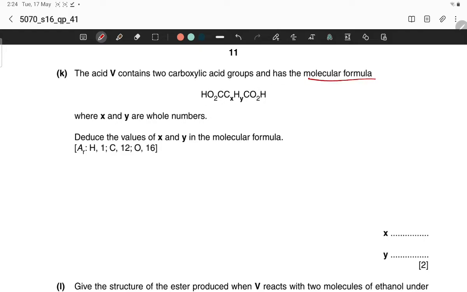The acid V contains two carboxylic acid groups and has the molecular formula shown. This is a dicarboxylic acid and each carboxylic acid group has Mr of 45, where x and y are whole numbers.